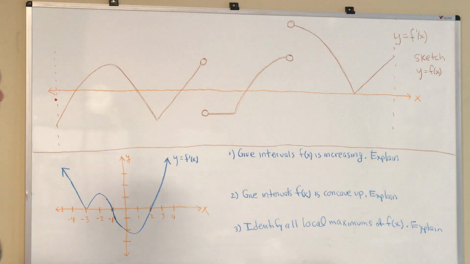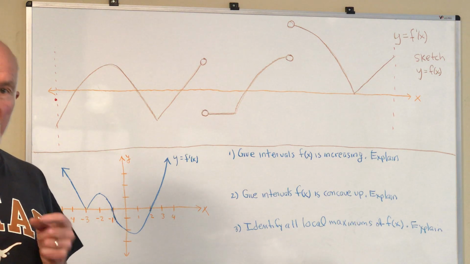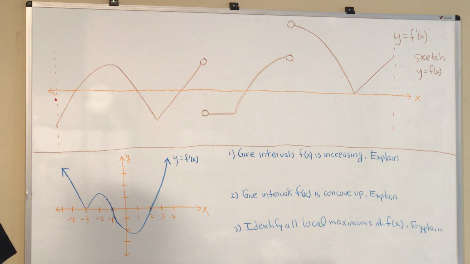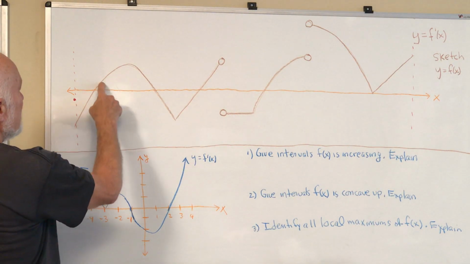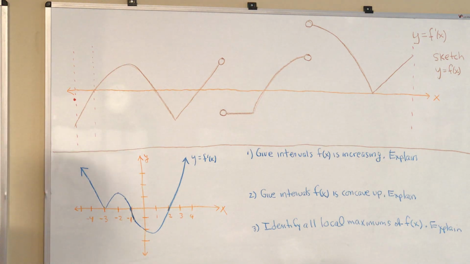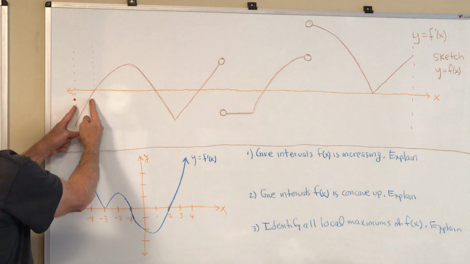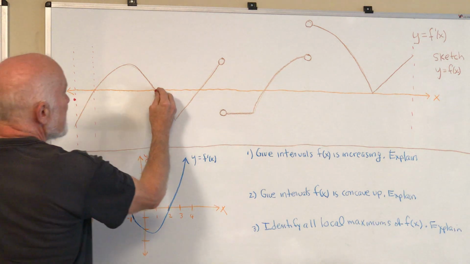Now, one thing that might help you is to ask, when are we going to have changes on this graph? Every time the derivative goes from positive to negative, something interesting happens. So here, the derivative is negative, and here it's positive. So you could just draw in a little dotted line to tell you something important is going to happen there. It's going to be pretty much the same from here to here. Well, where is another place?